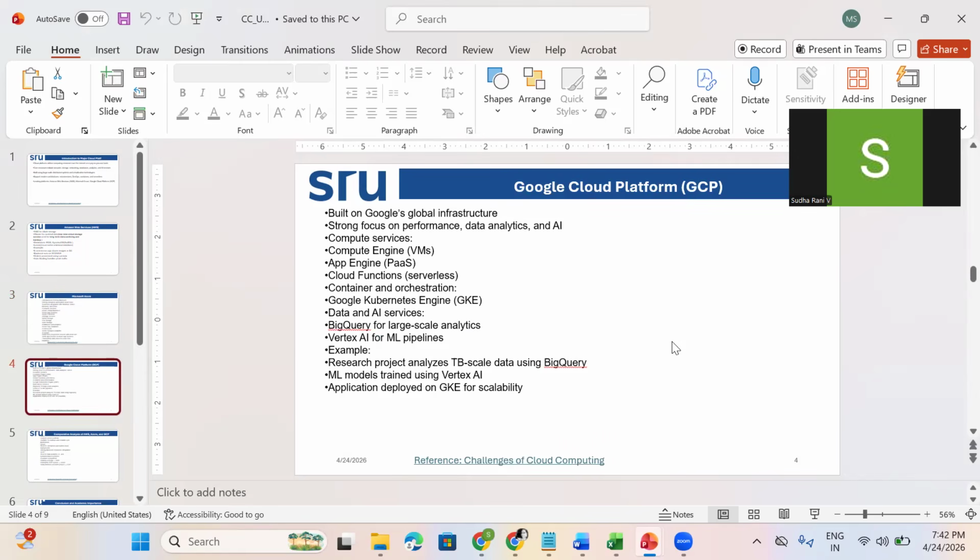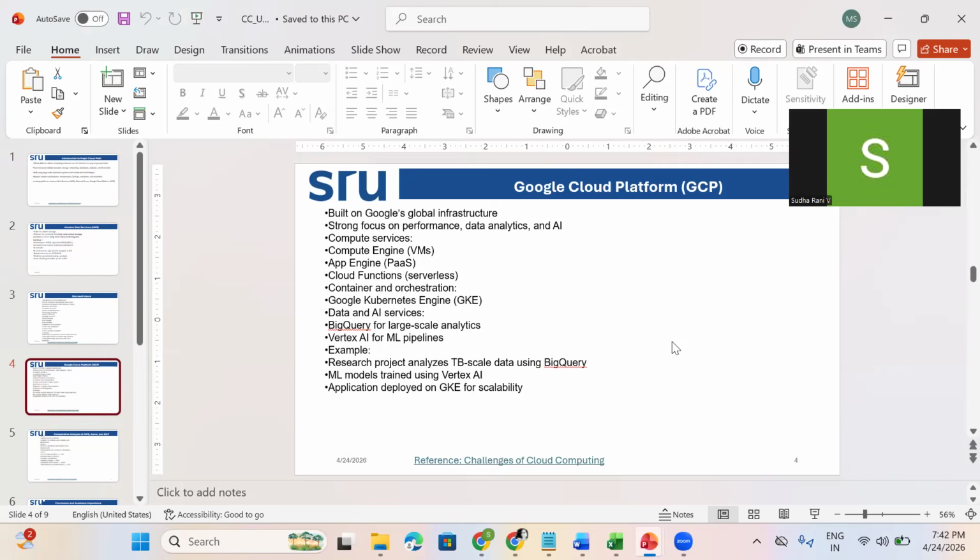Next, the third platform is Google Cloud Platform, GCP. Google Cloud Platform is built on Google's global infrastructure, with a strong focus on performance, data analytics, and AI. Compute services: Compute Engine, that is virtual machines, App Engine, that is platform as a service, Cloud Functions, which are serverless, and container orchestration with Google Kubernetes Engine, GKE.